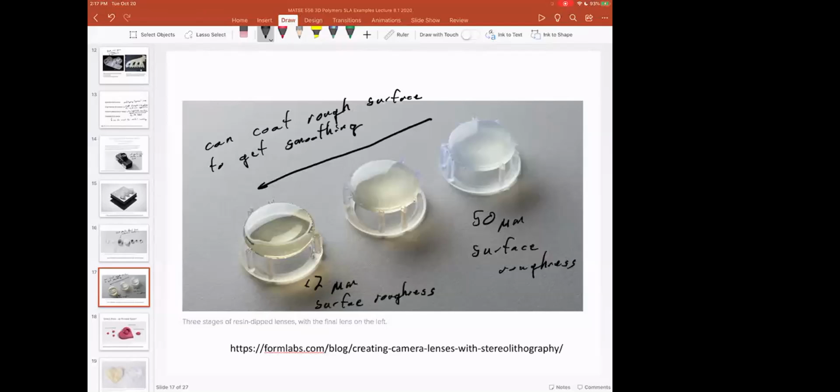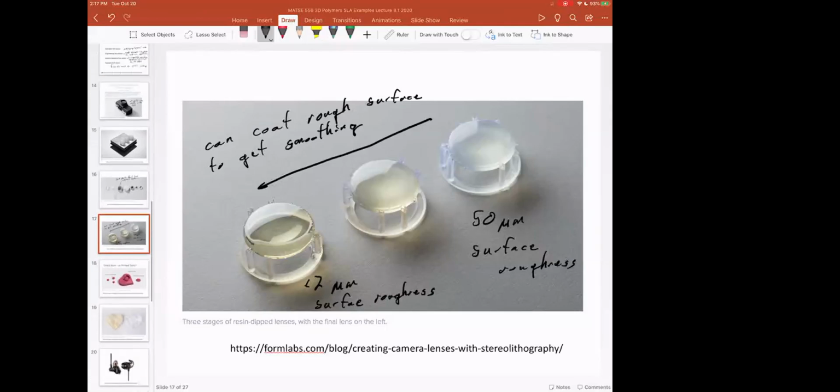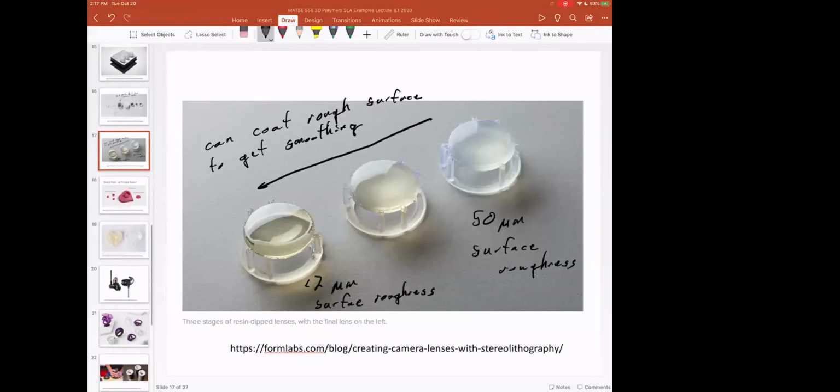And we've talked a little bit before how to measure surface roughness in 3D printed parts, either using optical profilometry or stylus profilometry or another roughness measurement technique. But things that are starting to look smooth and smooth like glass generally are micron or submicron surface roughness. And things that look a little hazy and have a little texture to them are on the order of 50 micron plus surface roughness. So you can sort of get a qualitative evaluation of the surface roughness of these parts. Any questions?